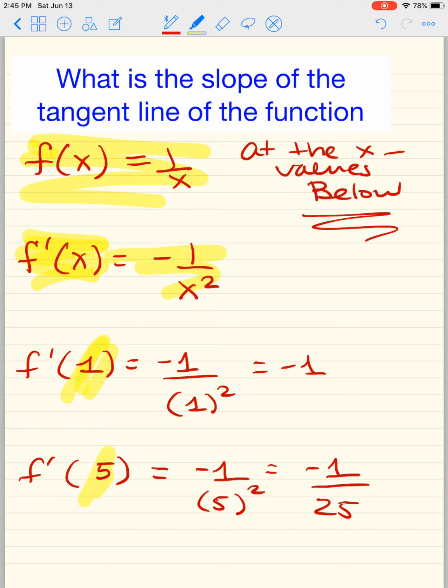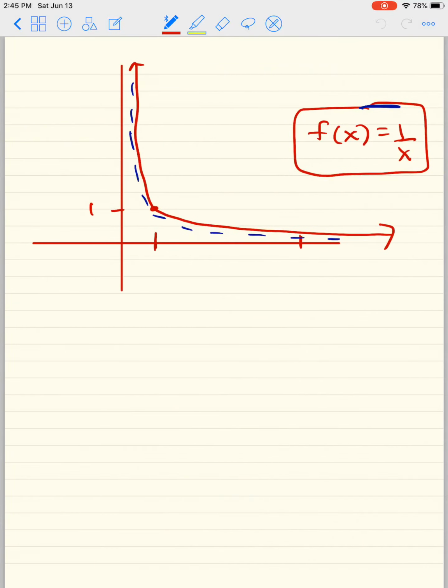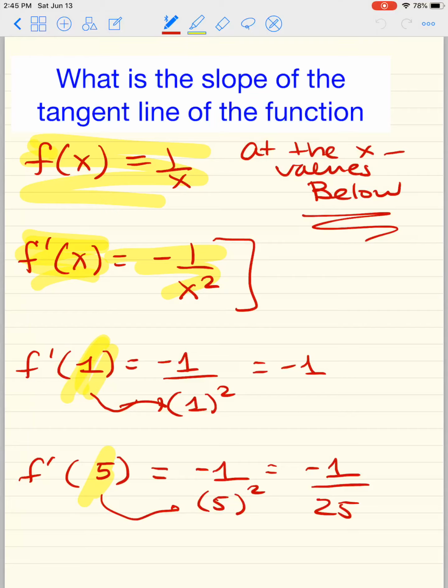So all I got to do is plug in the 1 into the x, the 5 into the x. Notice, guys, that anything squared is always positive, and the negative in the numerator is going to make this expression always negative, which will show what I was showing you earlier with the graph here, all these negative slopes. Okay, so I hope that makes sense.